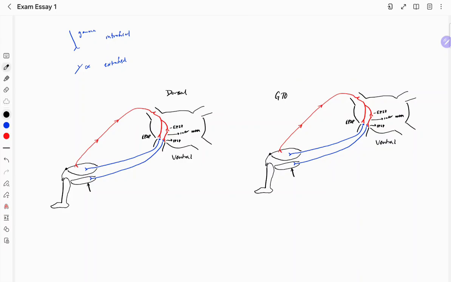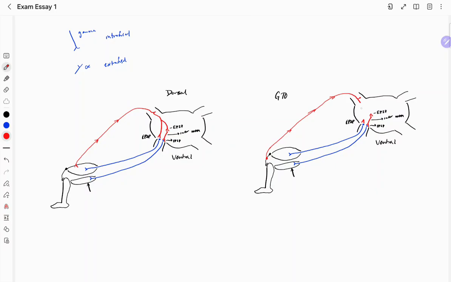With our Golgi tendon organs, instead of the sensory information coming directly from the muscle spindles in between the muscle fibers, it's actually going to come from the tendon. So when there's tension coming from the tendon, because we're contracting our muscles, that's causing this tension in the tendon. That's sending sensory information to the spinal cord.